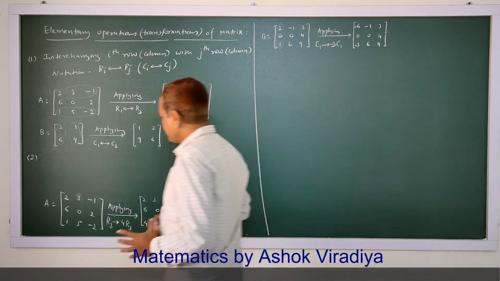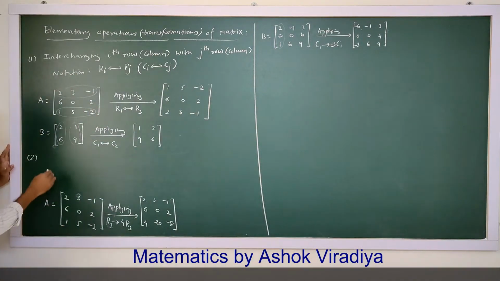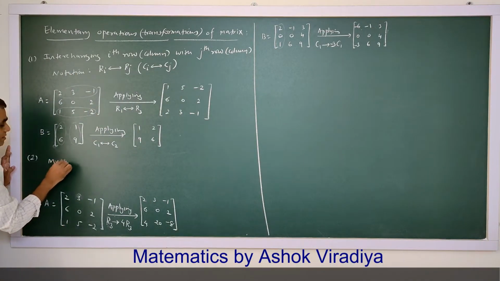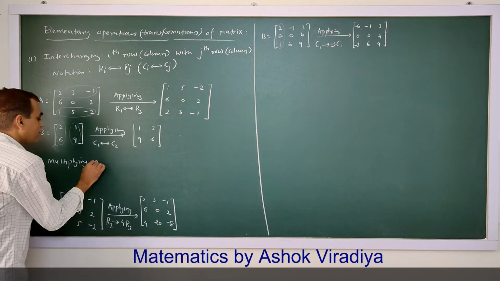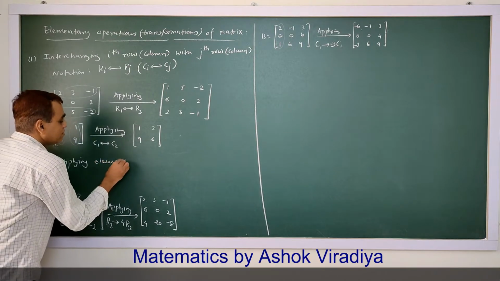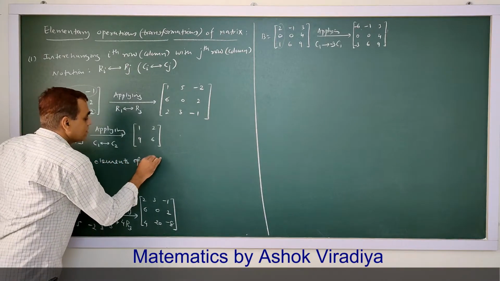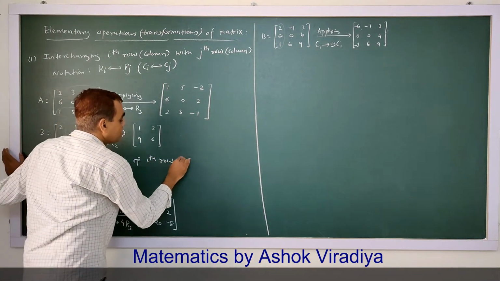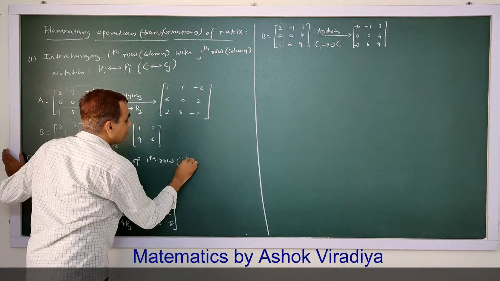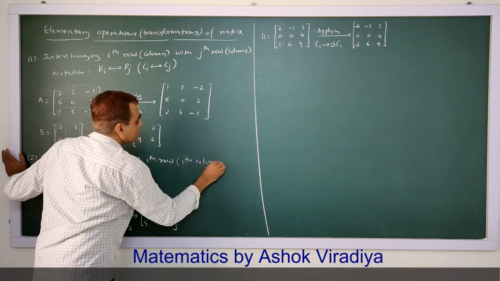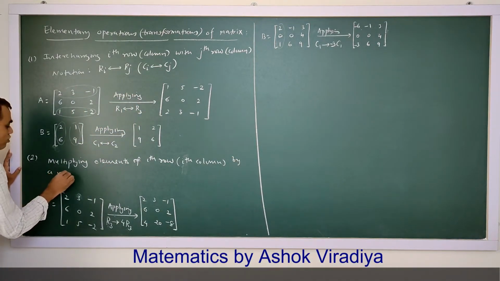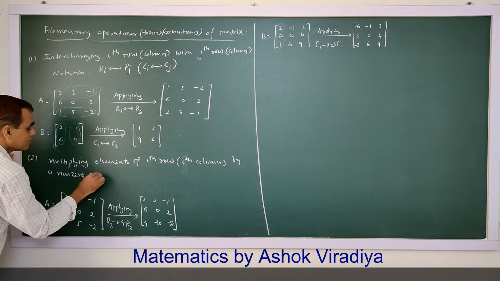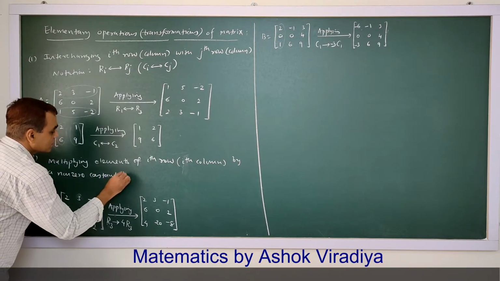So the second operation is to multiply elements of the ith row or ith column by a non-zero constant k.